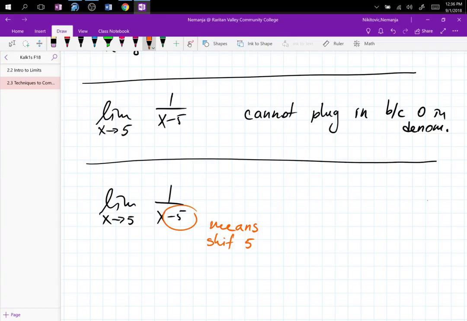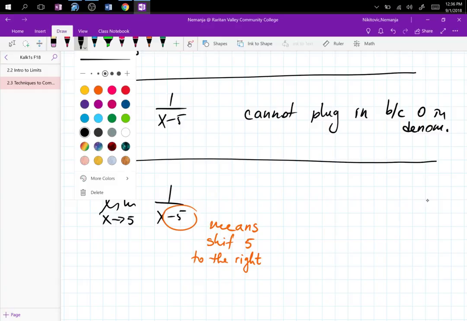Shift 5 to the right. Beautiful. So when you add and subtract numbers to x, the shift is left, right. If you add and subtract a number to the entire function, it's up and down. That's in your pre-calculus course for the basics of shifting functions around.